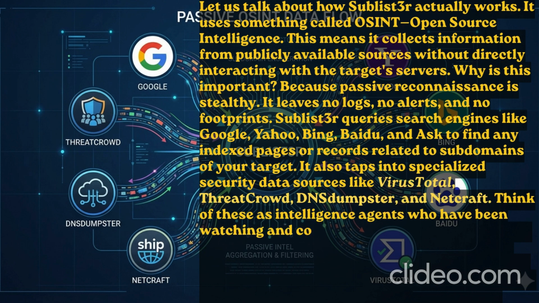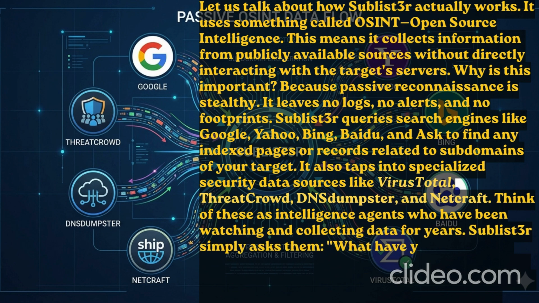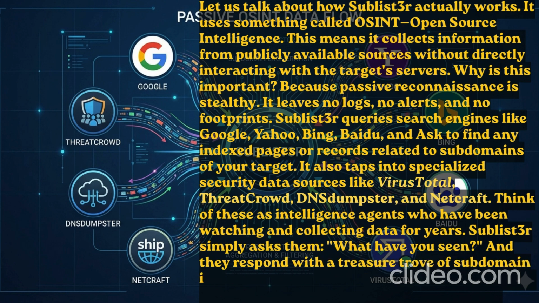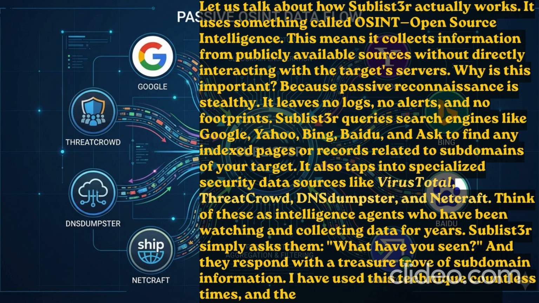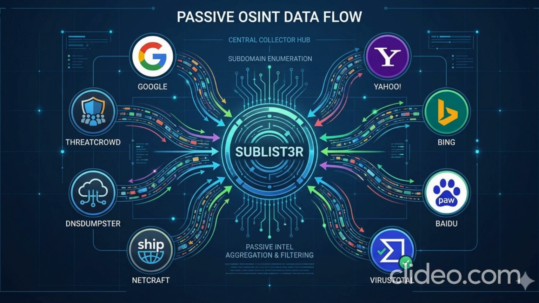Think of these as intelligence agents who have been watching and collecting data for years. Sublist3r simply asks them, what have you seen? And they respond with a treasure trove of subdomain information. I have used this technique countless times, and the results are always surprising.